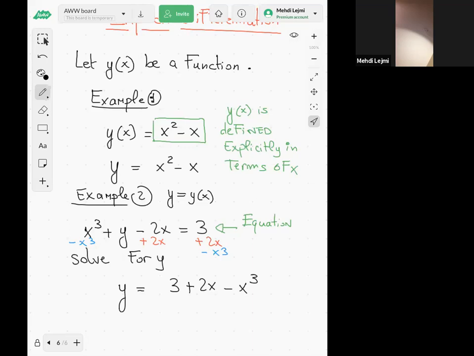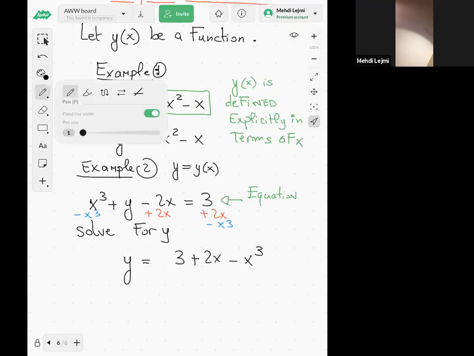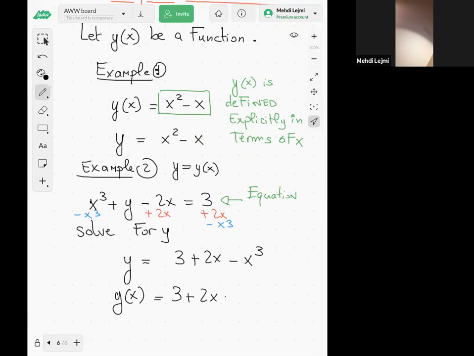And so y is a function of x, and we have the exact expression: y of x is equal to 3 plus 2x minus x cubed. The important thing here is that we can solve for y, so then we have the explicit expression of y of x.